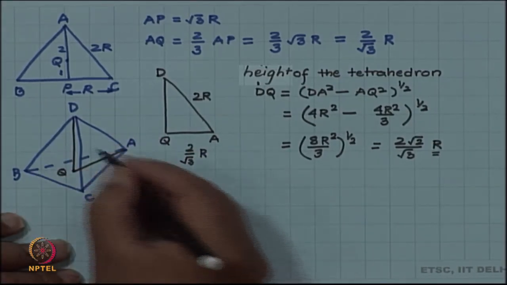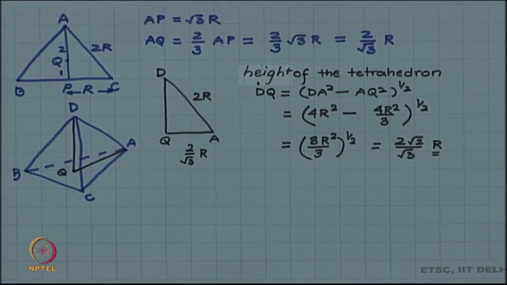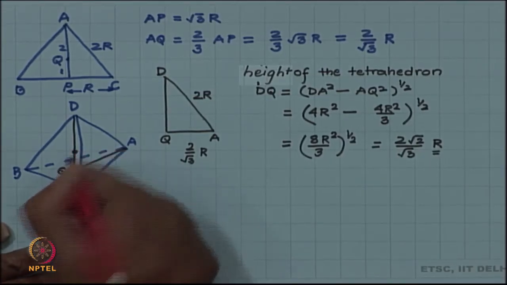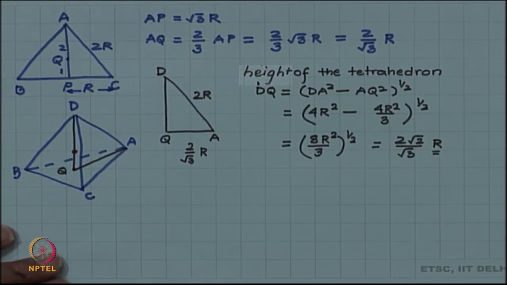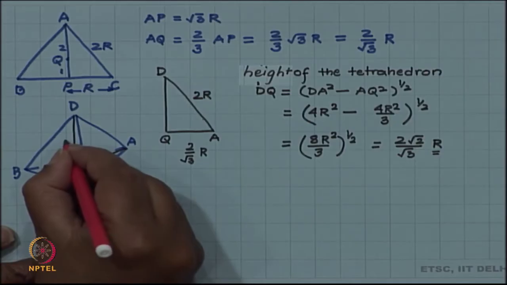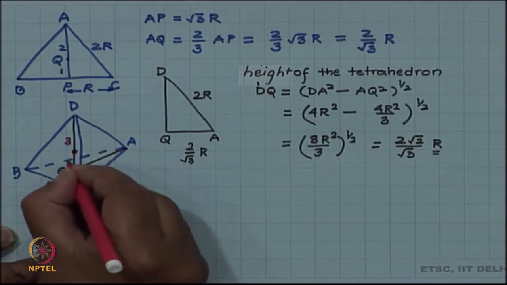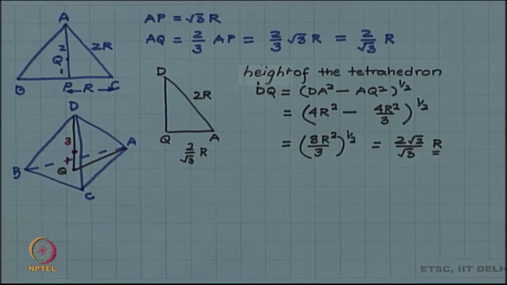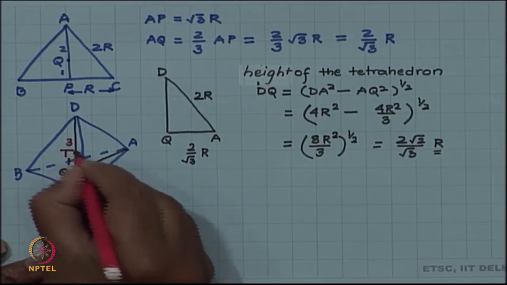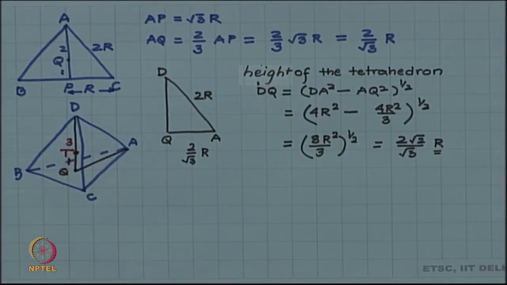Now, the centroid of the overall tetrahedron is located on this height in such a fashion that it divides the height into 3:1. So, let us call this centroid T. T is the centroid of the tetrahedron.